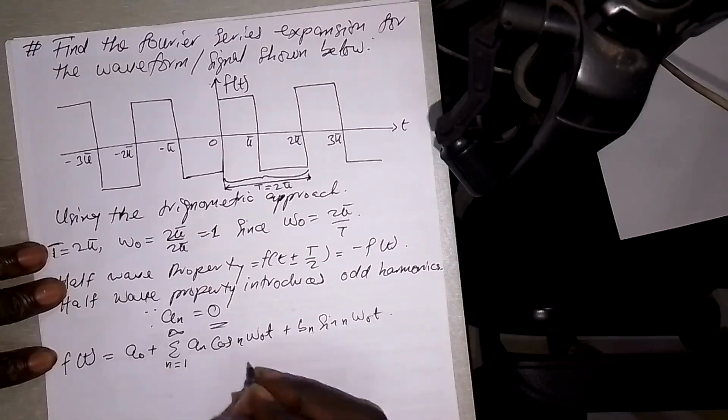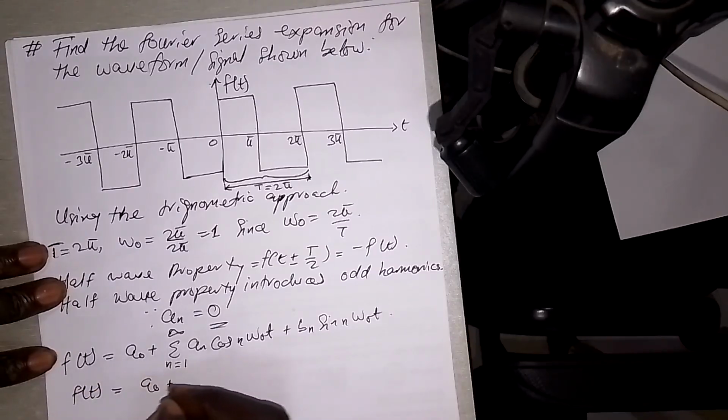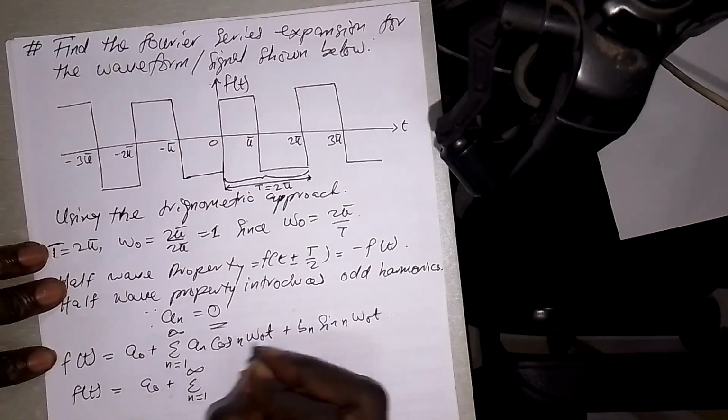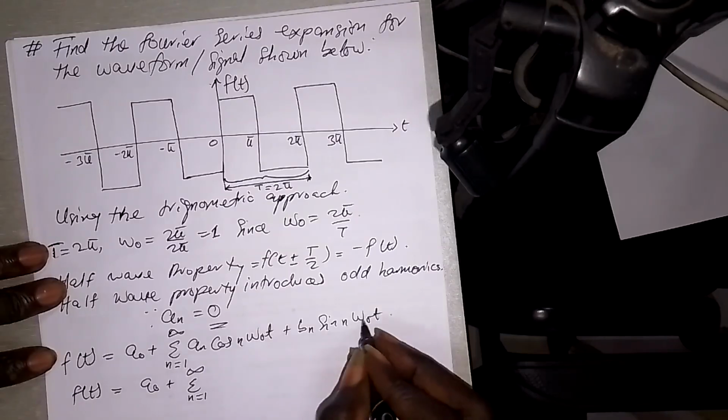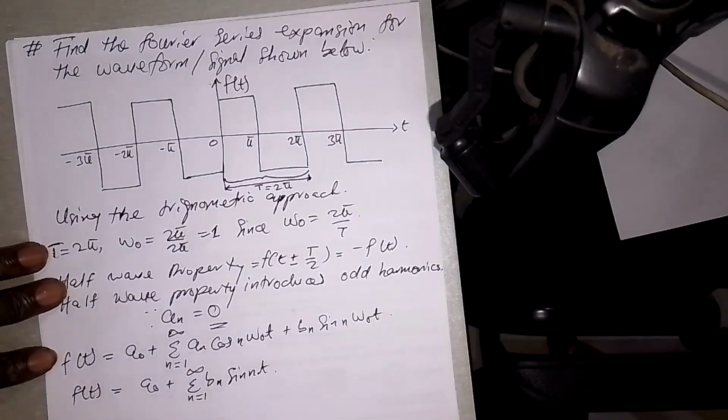But here we are saying that an is actually 0. So here f of t is equal to a naught plus summation up to infinity from 1, and this cosine term is 0. And we know that omega naught is 1. So I'll have bn sin nt.